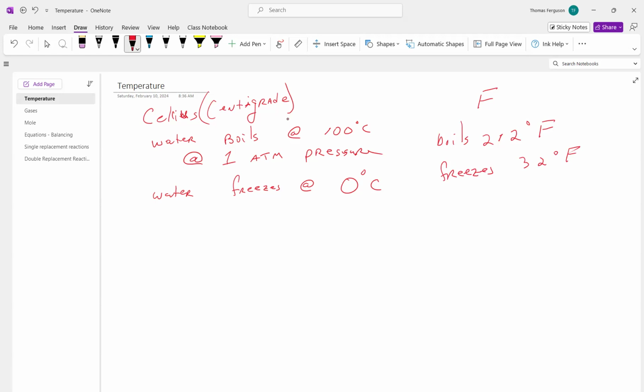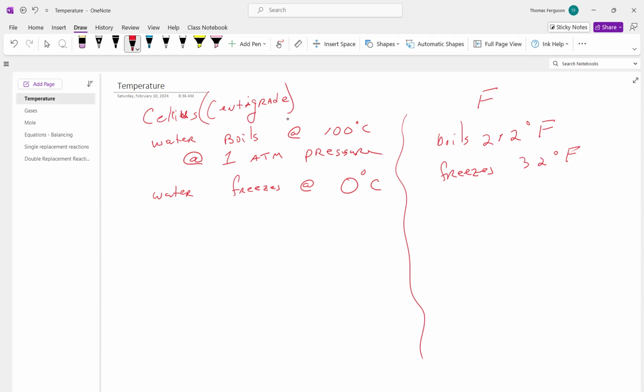Now, to go from one to the other, there's a formula you can use. We're always going to use Celsius in here. We're not going to use Fahrenheit.